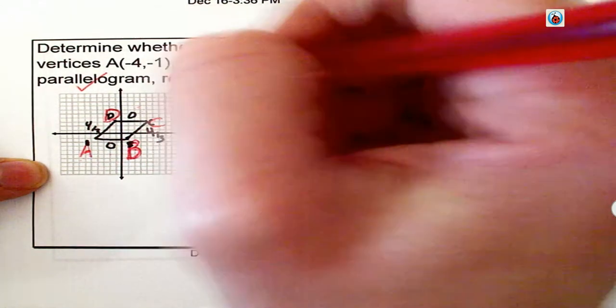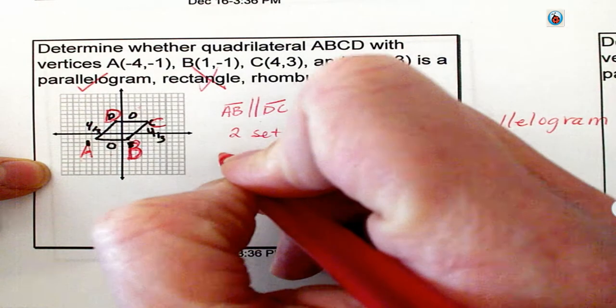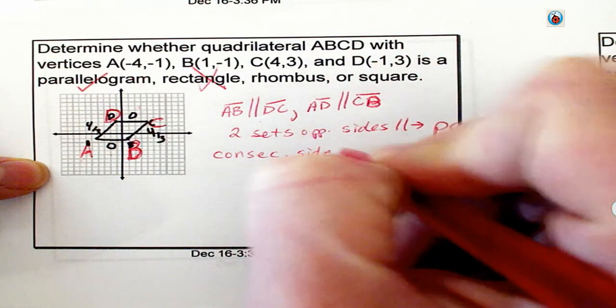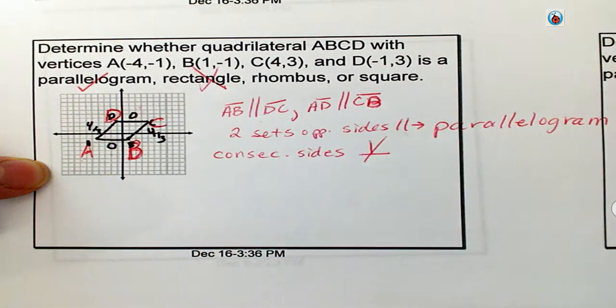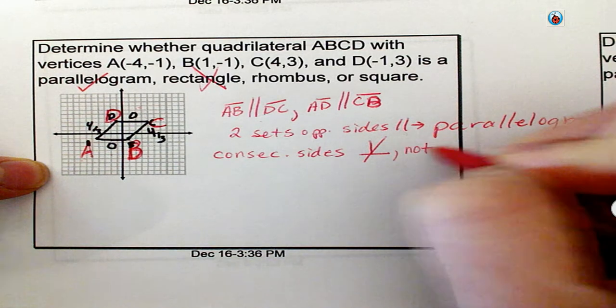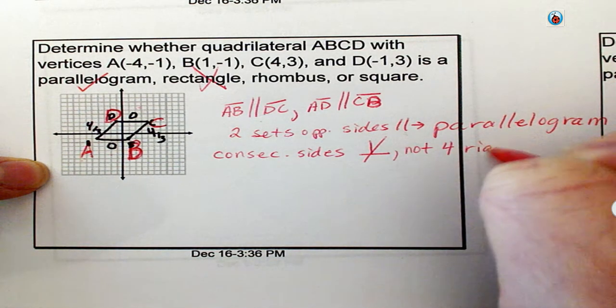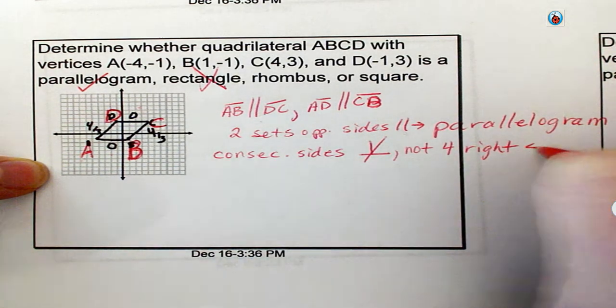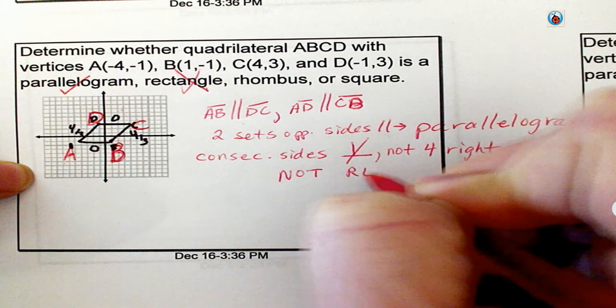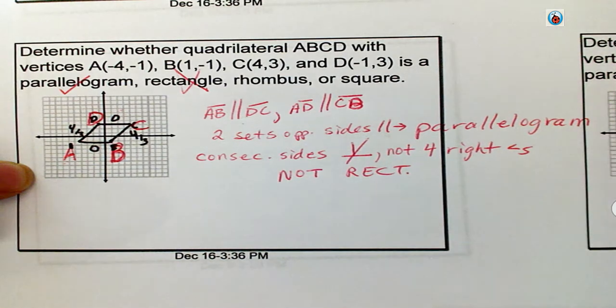So no, it cannot be a rectangle. Our consecutive sides are not perpendicular, which means we do not have 4 right angles. So not a rectangle.